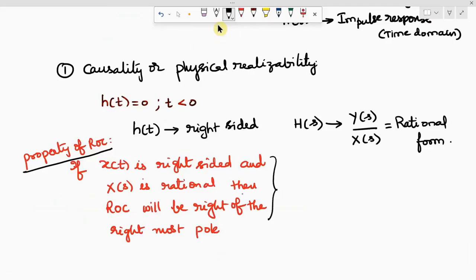Based on the property which I have recollected, I am rewriting this again, and in place of x of t we have h of t, and in place of X of s we have the transfer function H of s. Now I am rewriting the property.